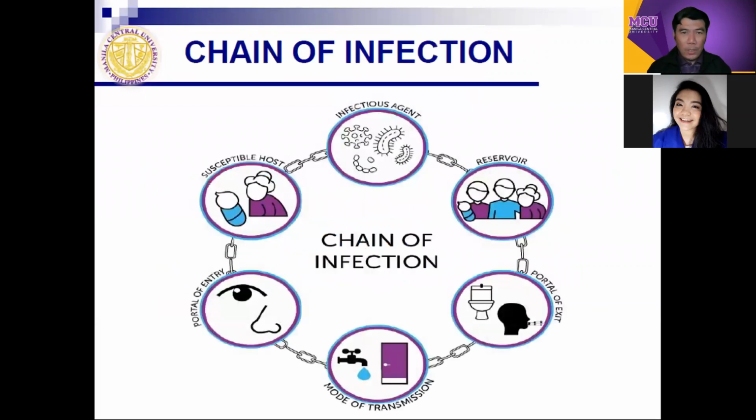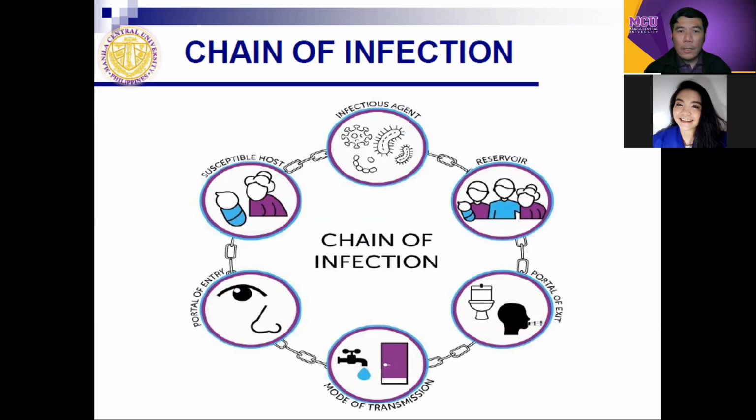So when it comes to infection, we have discussed the chain of infection, which is composed of infectious agent, reservoir, portal of exit, mode of transmission, portal of entry, and the susceptible host. Now, we usually associate the infectious agent with a virus, a bacteria, or a parasite.